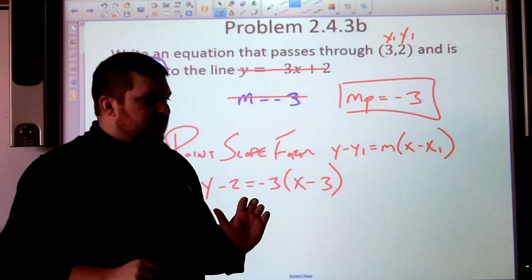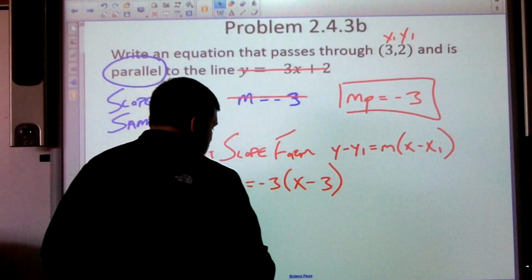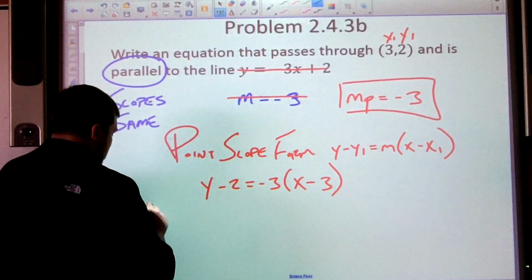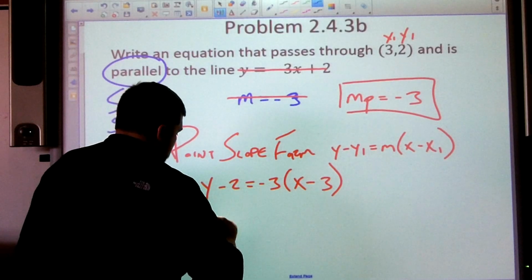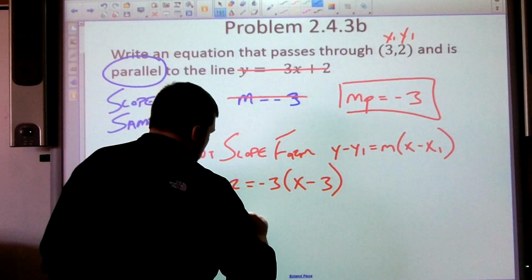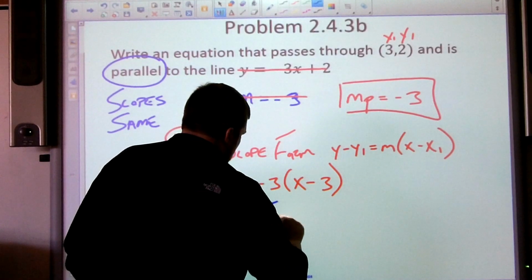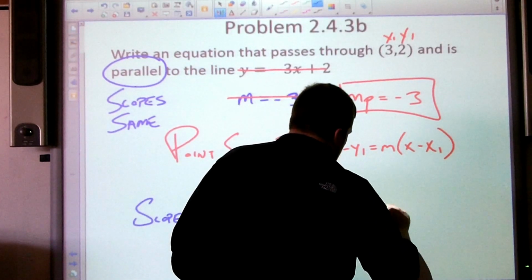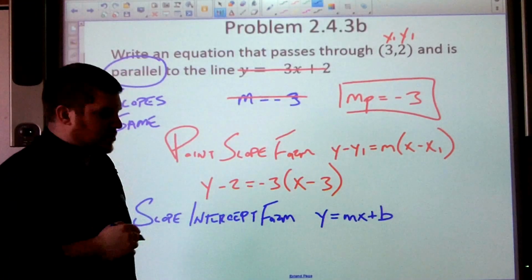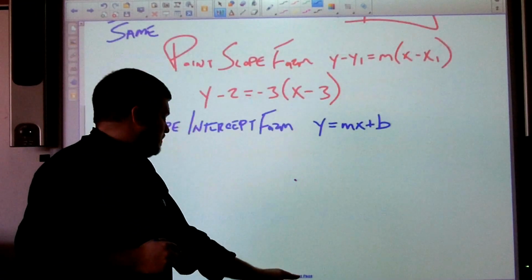You can do standard form, whatever you prefer. It doesn't matter. I'll leave that choice to you. So I'm going to go to slope-intercept form. So that's y equals mx plus b. That's how I want my final answer to look when I finish this problem.